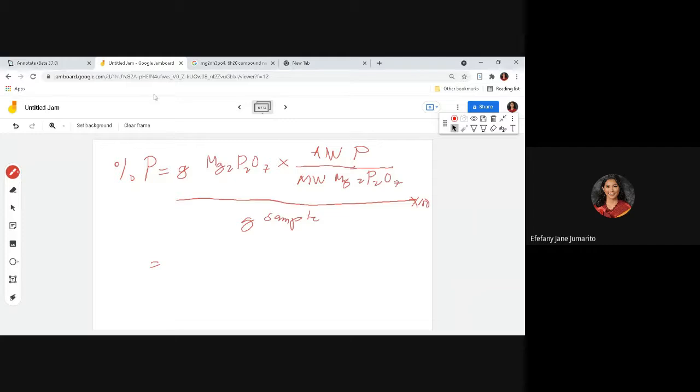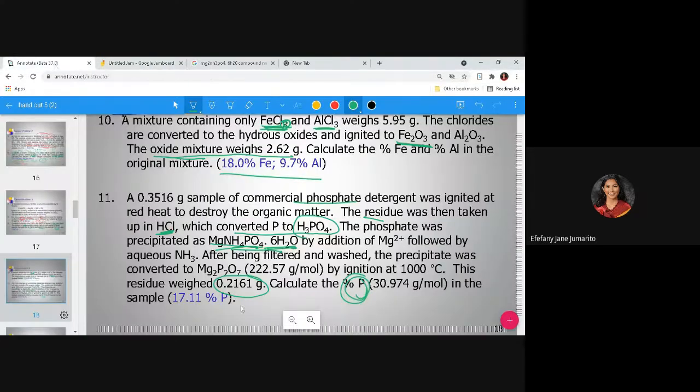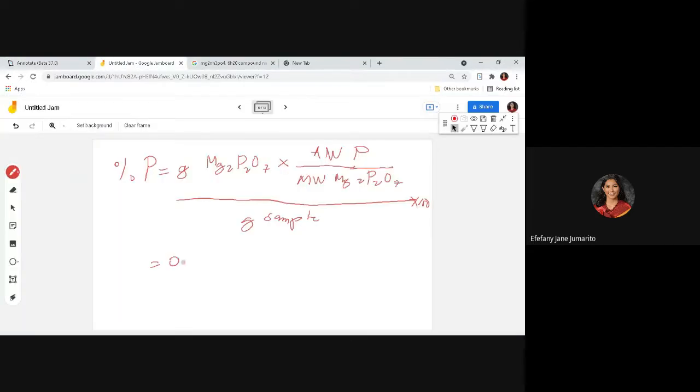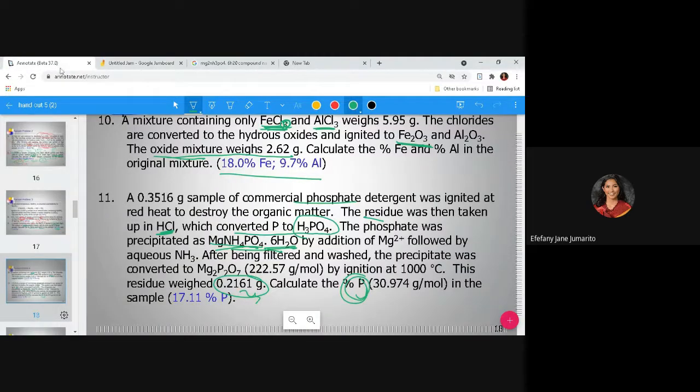So we have grams of Mg2P2O7, how many? This one, 0.2161 grams Mg2P2O7, times the molecular weight of Mg2P2O7. That is given already.